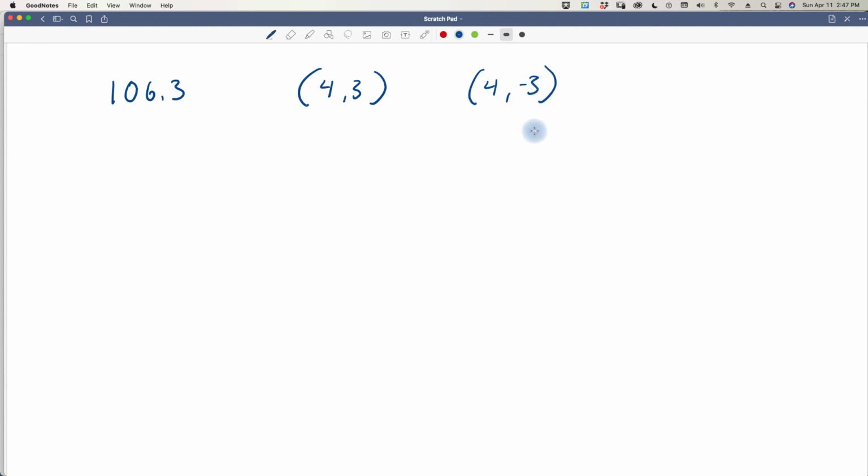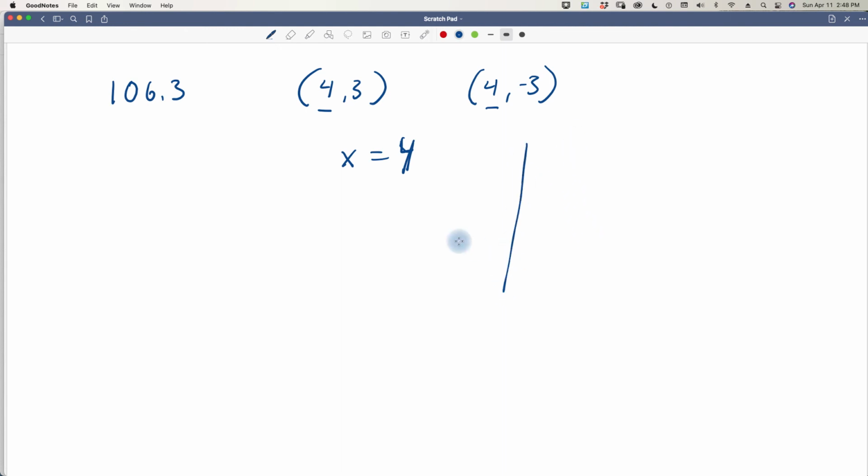What is the first thing you notice about those 2 points? Both of the x's are 4. So what does that mean? That means that x equals 4. If all the points are the same for x, then this is going to be a vertical line, correct?